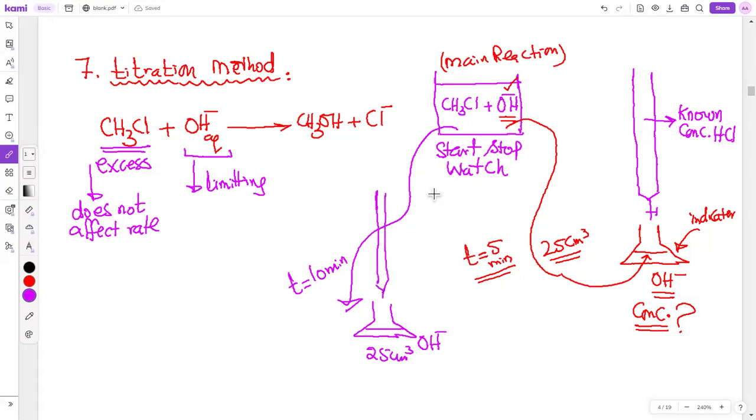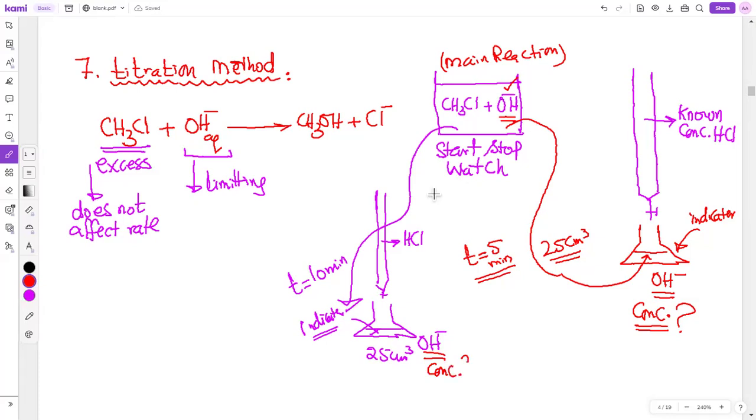In the burette, the same HCl with the same concentration is present. And I will add indicator and titrate again. So again, I will get a value of OH ion concentration.